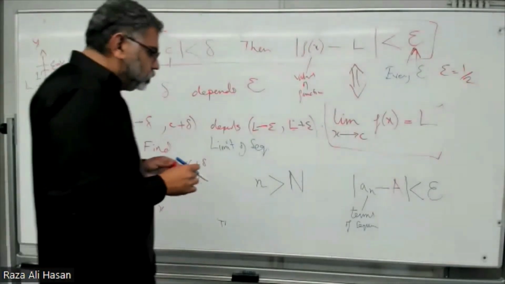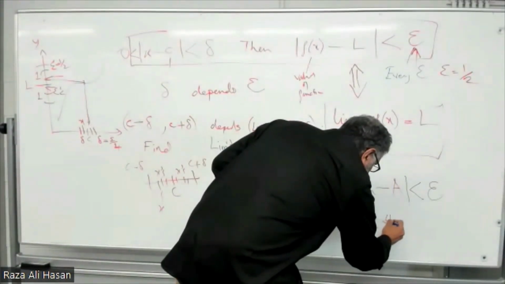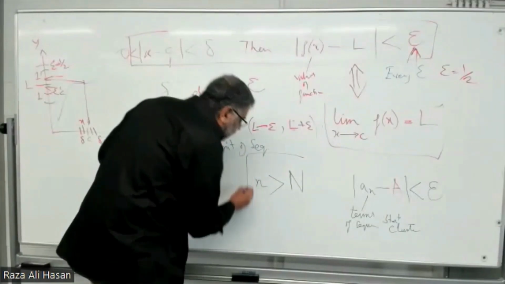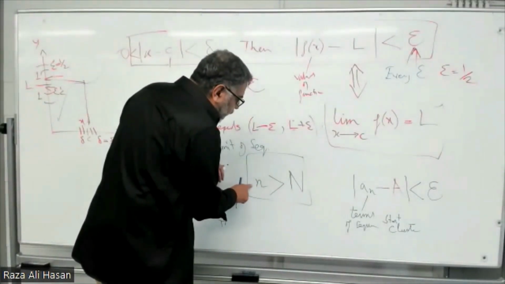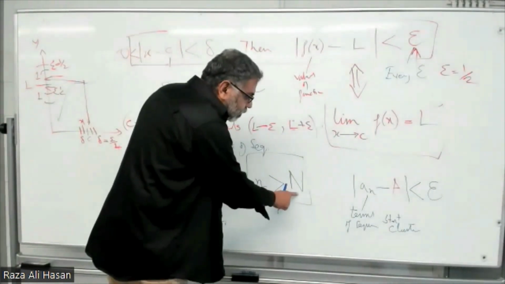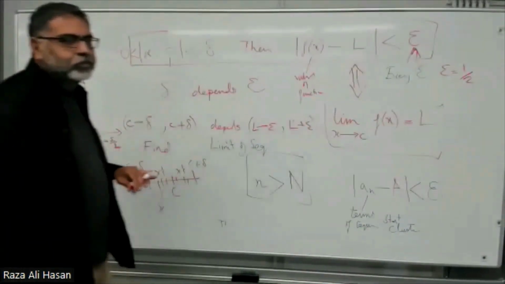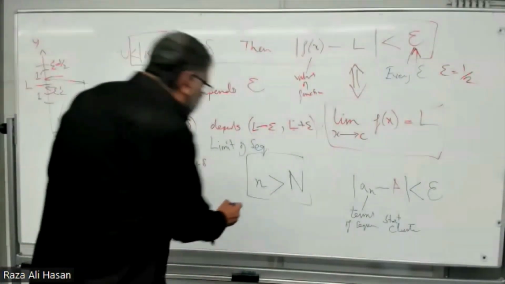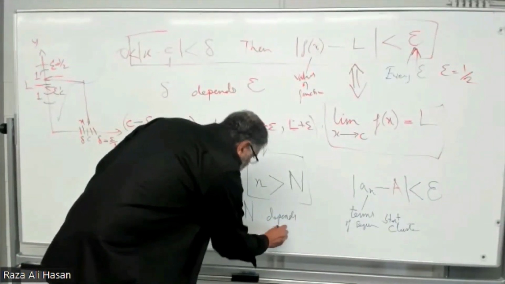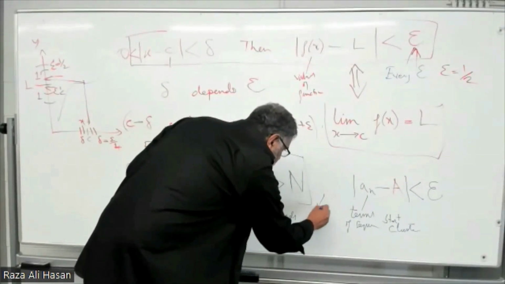So when the terms of the sequence start to cluster, we need to find the value for n that is big enough, the threshold value for n, after which the a_n's start to cluster around the limit L. And therefore, n depends on how big epsilon is.